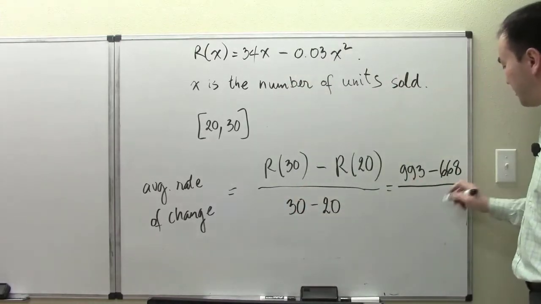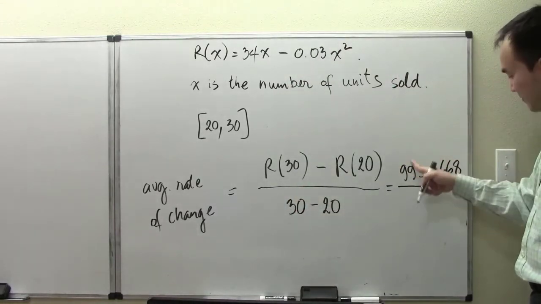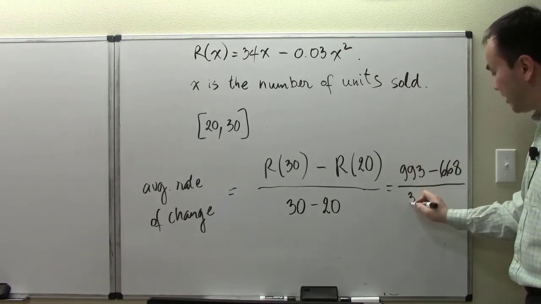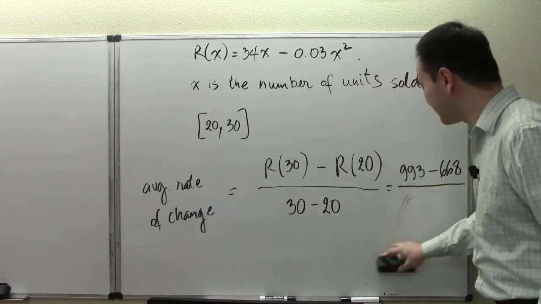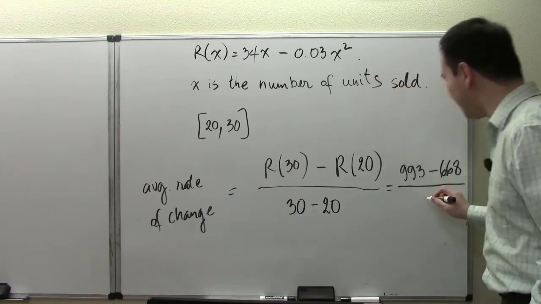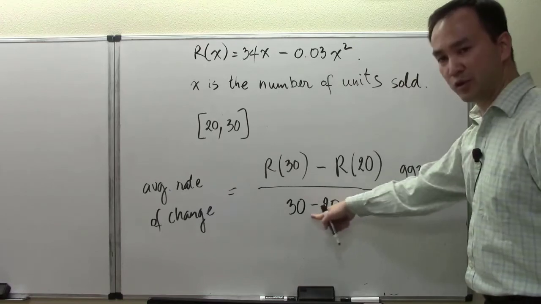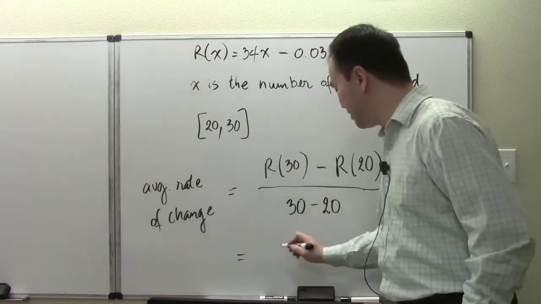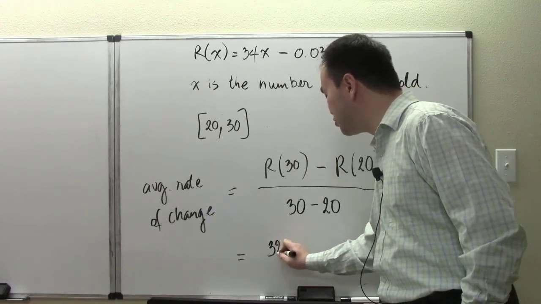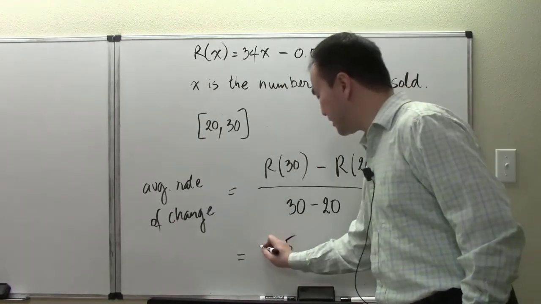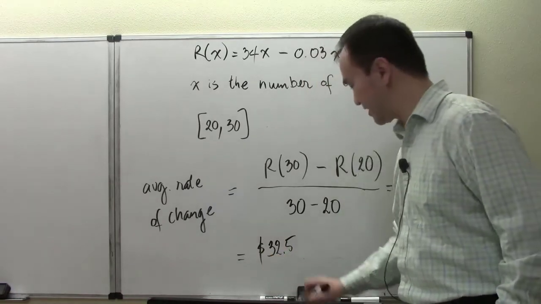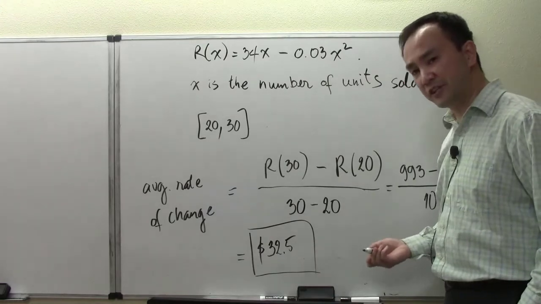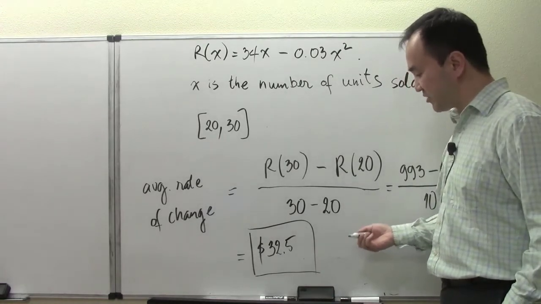This is the change between final revenue and initial revenue, and now we're dividing by 10, because 30 minus 20 is 10. All right, so here we are at the final answer. We're looking at a positive 32.5, in dollars of course. So this is the average rate of change for revenue right here.